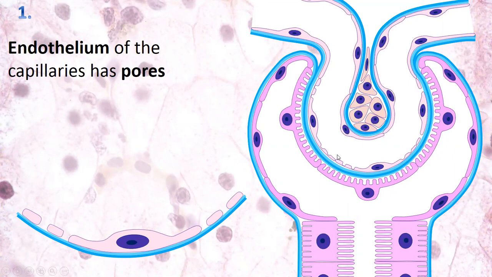The type of the capillaries is fenestrated. On this picture, only one capillary loop is shown, but also there are numerous capillary loops in the glomerulus. And here we can see also mesangial cells which fill the space inside the capillary loops. It's mesangium.